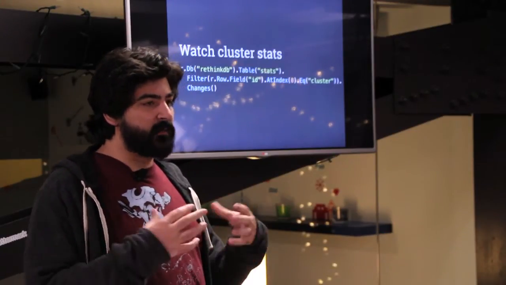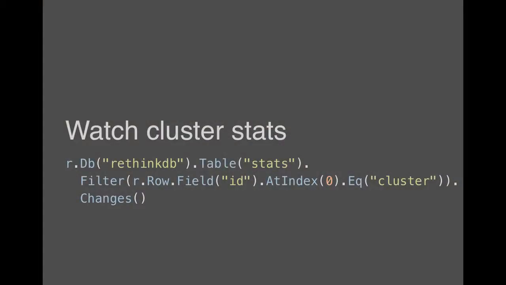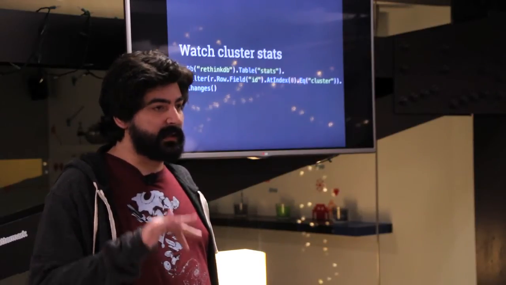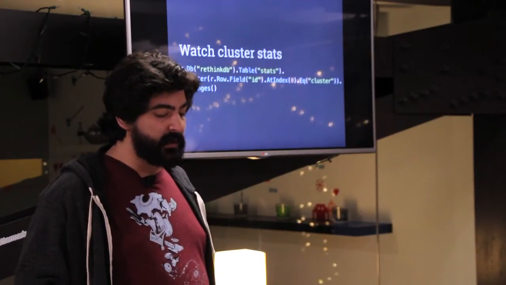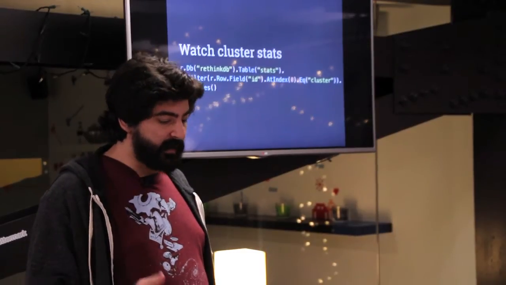So say you want a specialized data set based on your query, you can attach a change feed to it, and then when the data that matches the query changes, you get the updates. In this case, I'm using the filter command so that I only get records that relate to the cluster itself rather than servers and tables. So we're attaching the change feed to that, and now we're getting just those records back from the change feed.